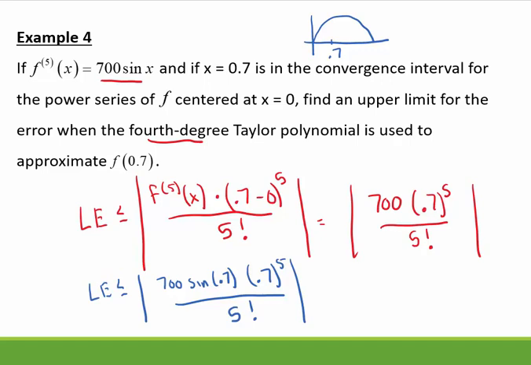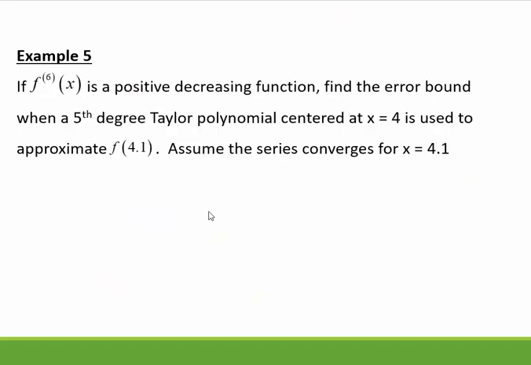Okay, our next one. So if the sixth derivative is a positive decreasing function, find the error bound for a fifth degree Taylor polynomial centered at 4 that is used to approximate 4.1. So again, our Lagrange error bound. Let me use this color.